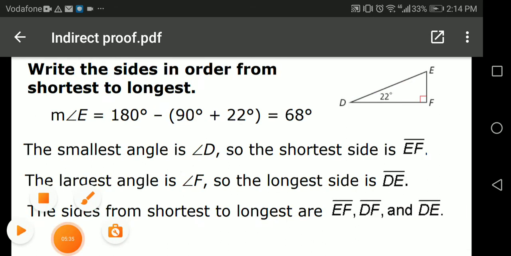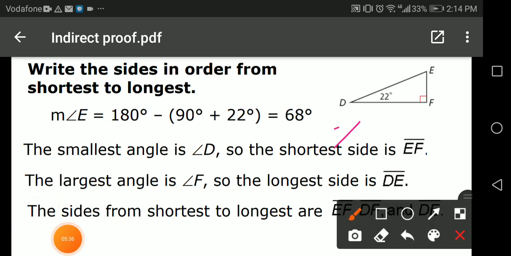Very easy, I know. What if he gives me this example and asks me to do the same, ordering from the shortest to the longest? I'm going to find the measure of angle E. I have 90 degrees and 22, so this will be 78. Then I do the same.